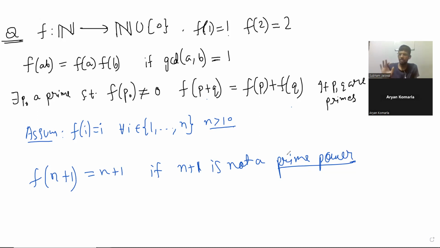Not a prime power means we can write it as AB with that GCD condition fulfilled, and then we'll be done. But if it's a prime power, that is where the problem comes.